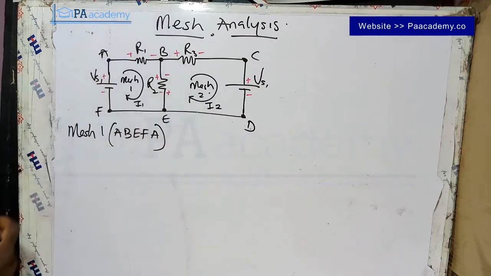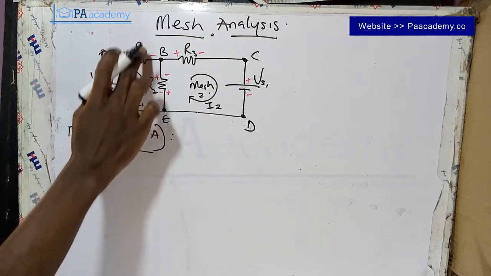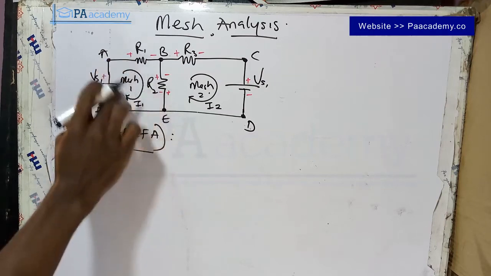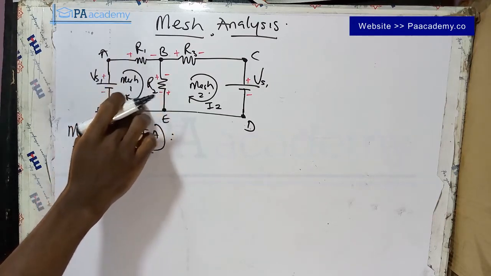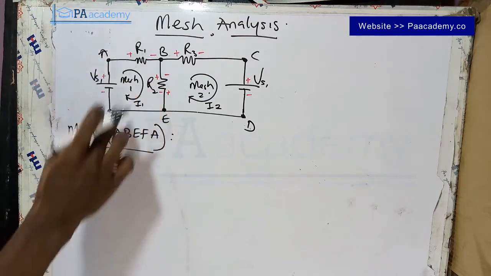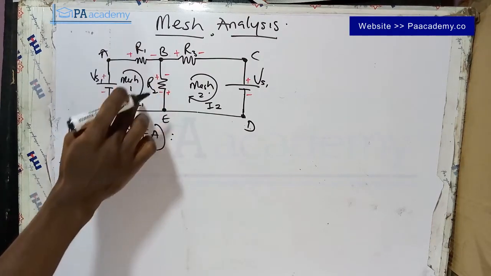So let's start from point A. From point A now, we're having R1 here, and the current that is flowing through it is I1. By the time it gets here, the voltage here is going to be, remember from plus to minus, that is going to be minus R1 times I1.